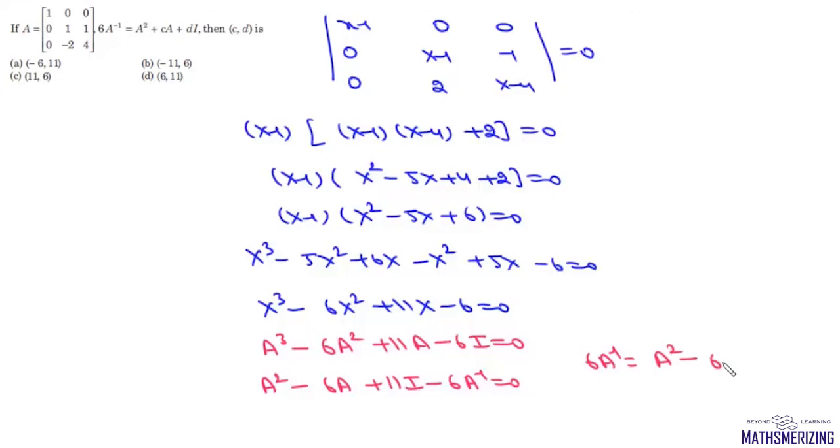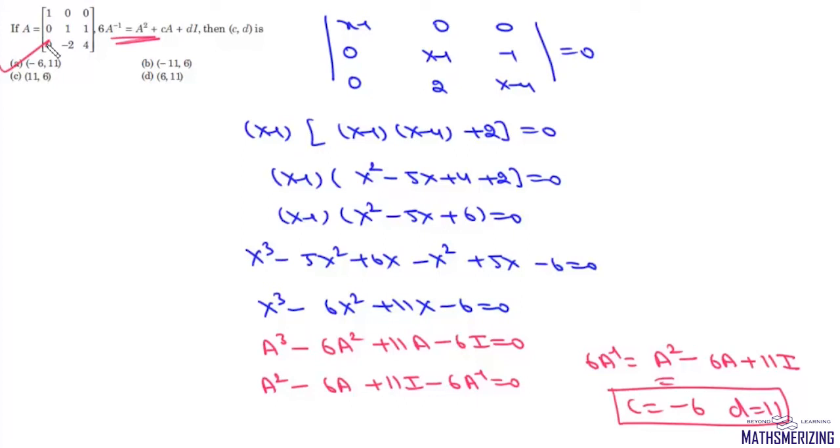So from here we can write 6A inverse as A square minus 6A plus 11I. Now comparing this given equation with the equation which we have got from the Cayley-Hamilton theorem, we can say value of C is minus 6 and value of D is 11. So that's your option number A.